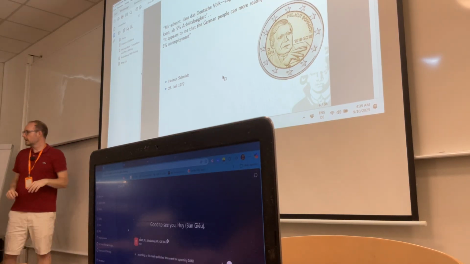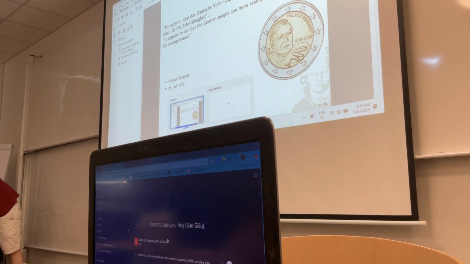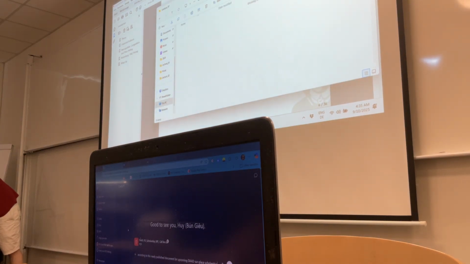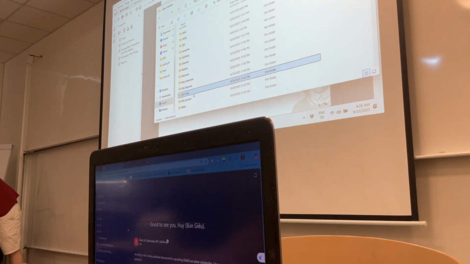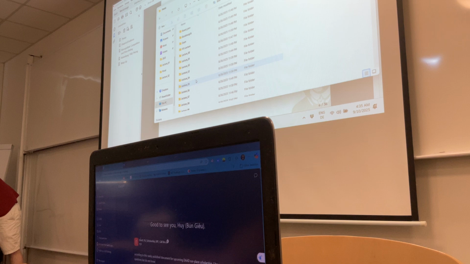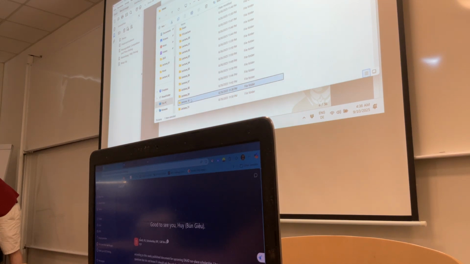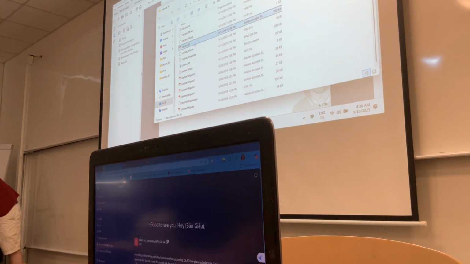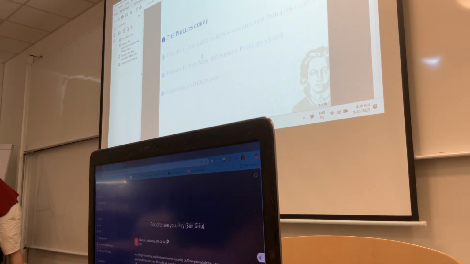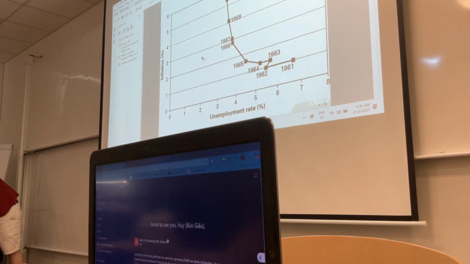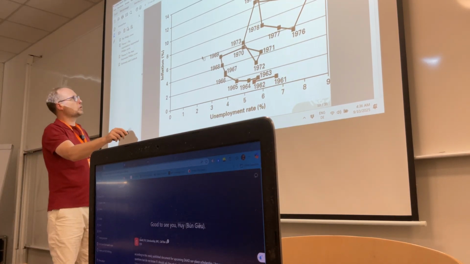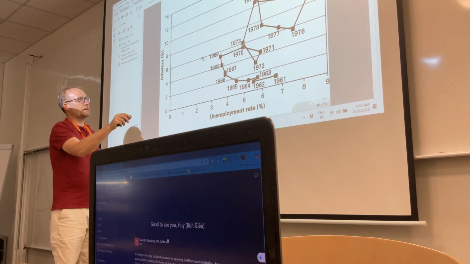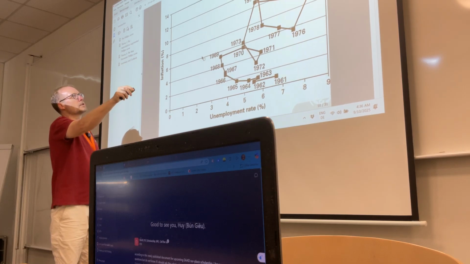And so what we saw in the 1970s, instead of inflation moving like this menu, where if you choose higher inflation you get lower unemployment, so we have a Phillips curve, we saw that inflation just spiraled out of control.